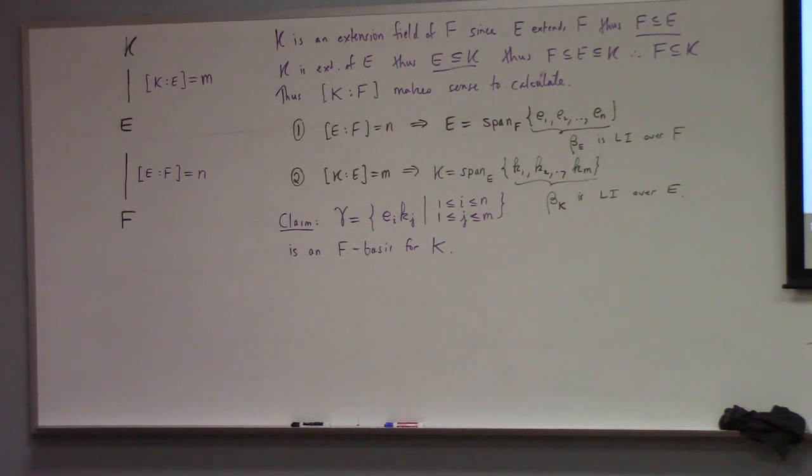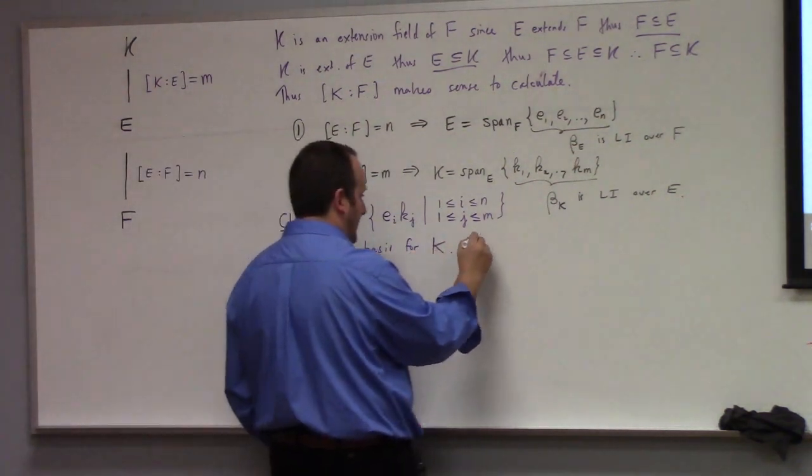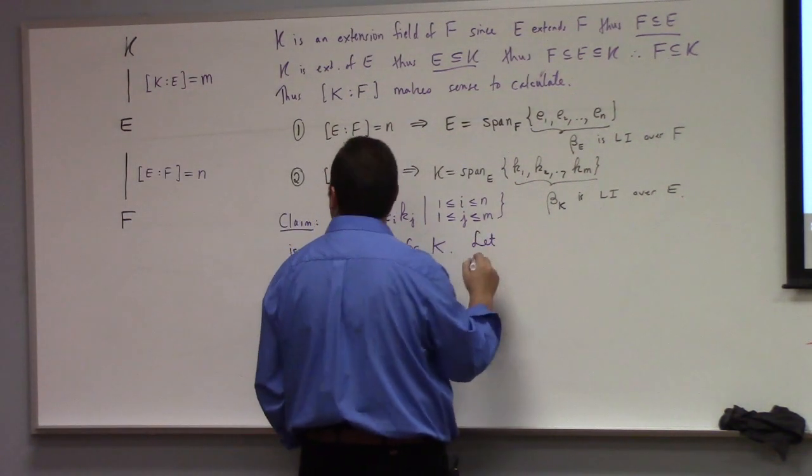So to show that that's actually a basis, what do we need to do? Show it's linearly independent and spans, right? So let's start out with spanning. I think that'll actually give us the linear independence just the same.